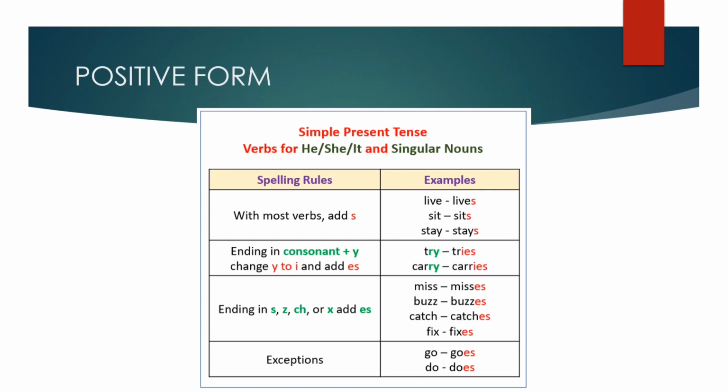For example, go becomes goes and do becomes does. Remember, these verbs are only applicable for the subject pronoun he, she, it. For I, we, you, and they, the verb remains in the original form. That means we don't need to add s, es, or ies.